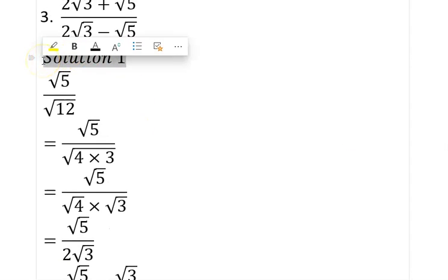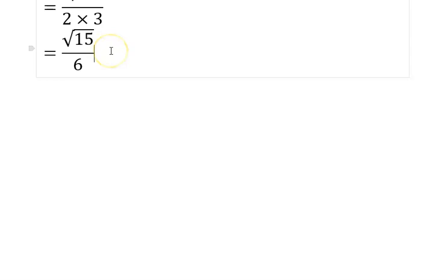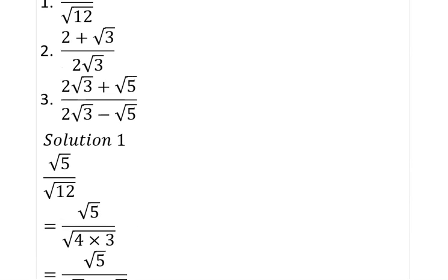That is a rationalization. As we solve questions, you will understand, most especially question number 3 will give us more reason to understand better. So we say solution number 2.